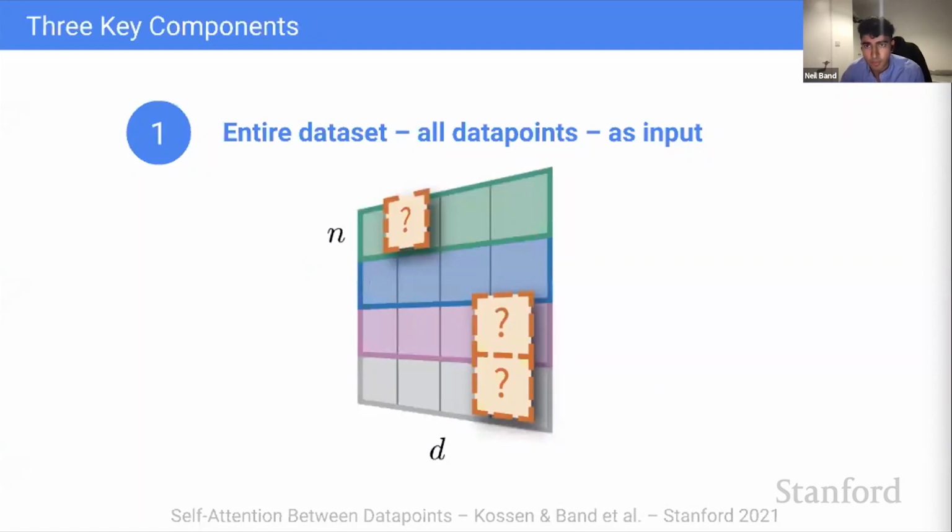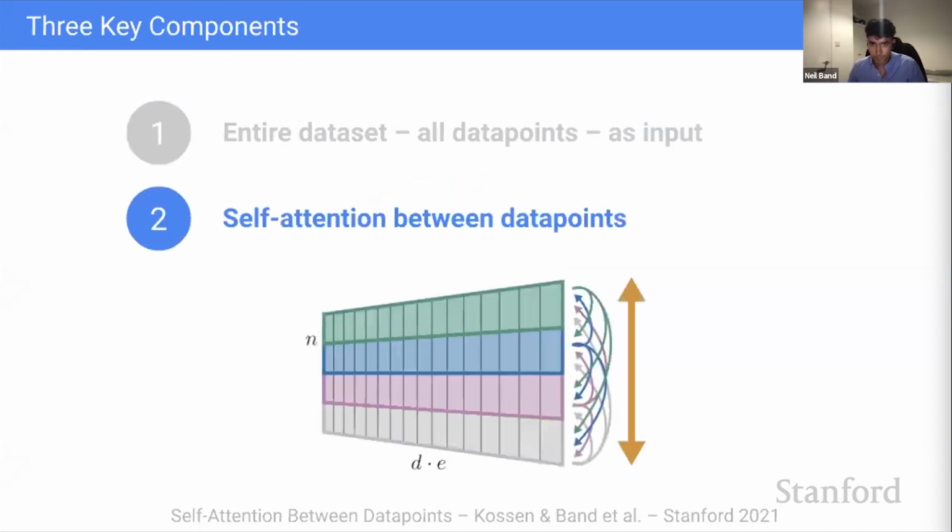Awesome. So there are three key components to NPTs. I'm going to first state them at a high level, and then we'll go through each of them in more detail. First of all, we take the entire dataset, all data points, as input. For example, at test time, the model is going to take as input both training and test data, and we approximate this with mini-batches for large data.